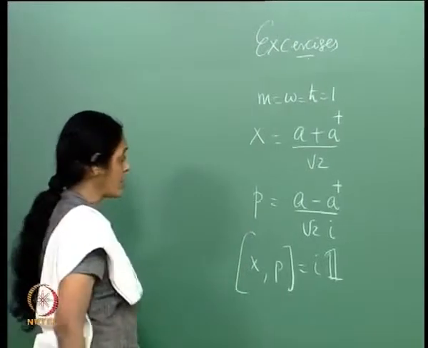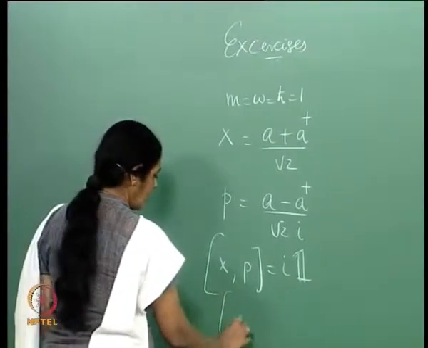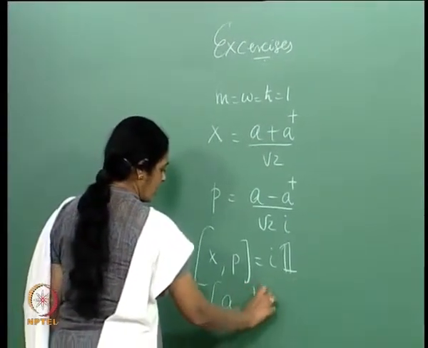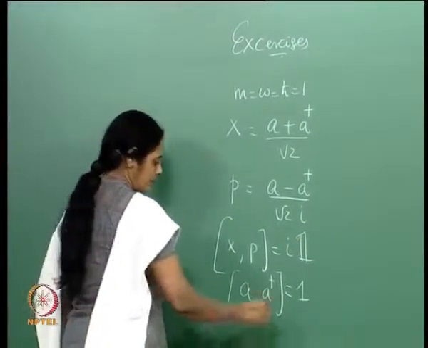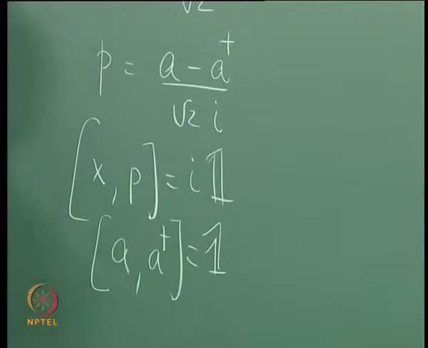I have set h cross equals 1. This would also correspond to [a, a dagger] equals 1, the identity operator again.